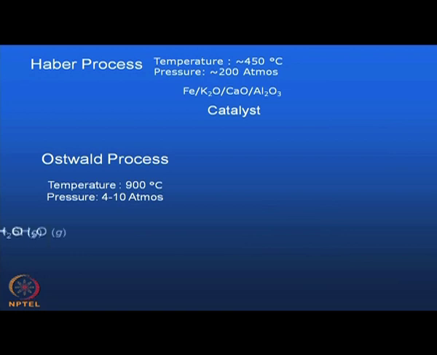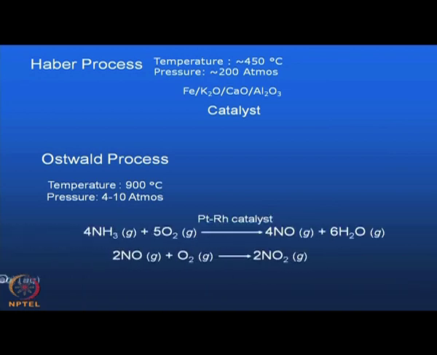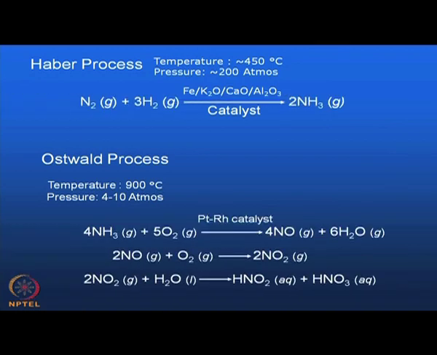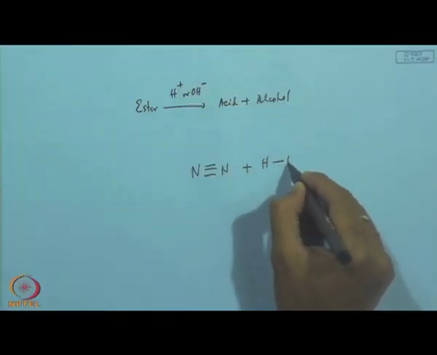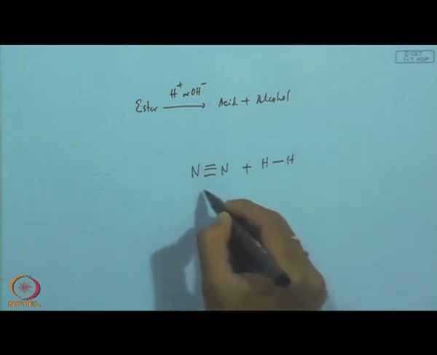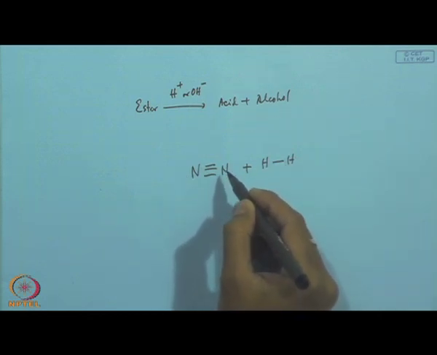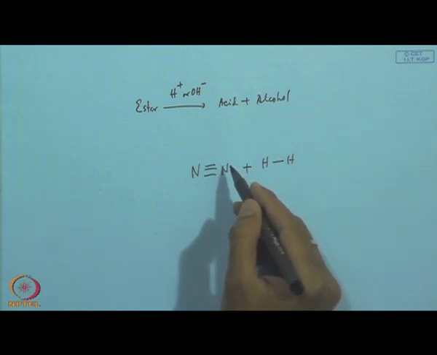So, let us have a look at this Haber ammonia synthesis. Since nitrogen has a triple bond, N2 plus H2, it is very unreactive. We have plenty of nitrogen in the atmosphere, but it is not reactive.